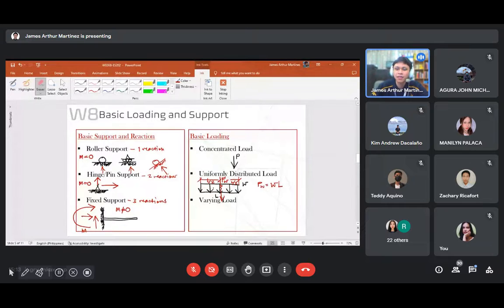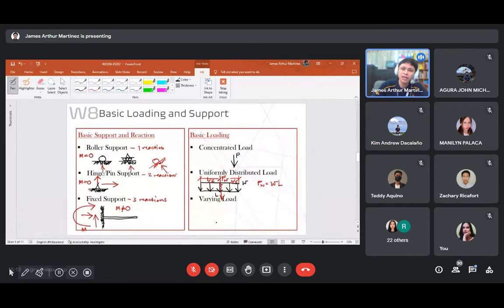Next, how about the varying load? Varying load, as the term says, varies from one point to another. So let's say at this span there acts a varying load from minimum, or from zero, to maximum, with W being the maximum load. So it varies at every point.